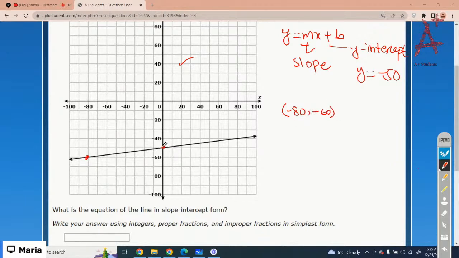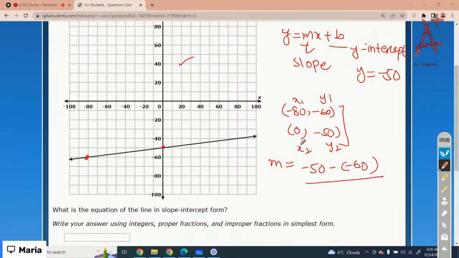And also this one here, x is 0 and y is negative 50. You can use these 2 points to find the slope. We know that slope m equals y2 minus y1 over x2 minus x1: negative 50 minus negative 60 divided by 0 minus negative 80.